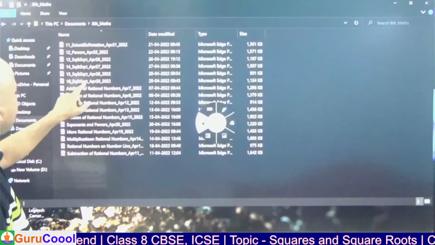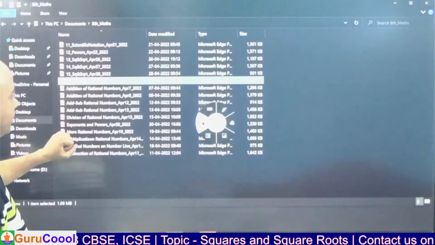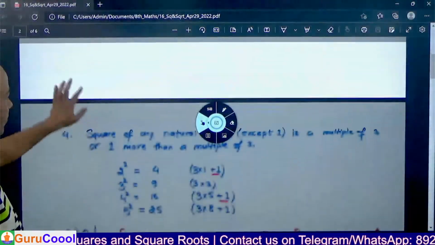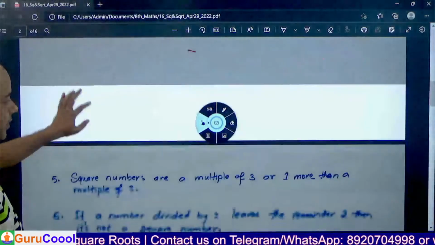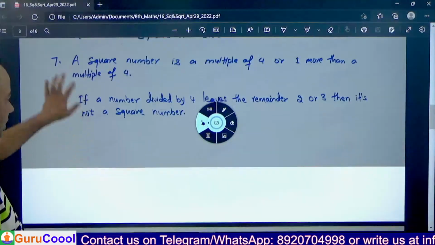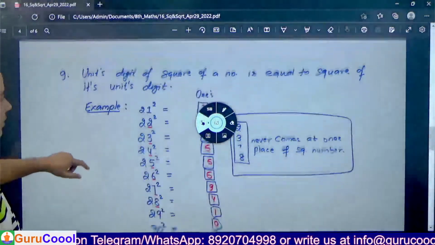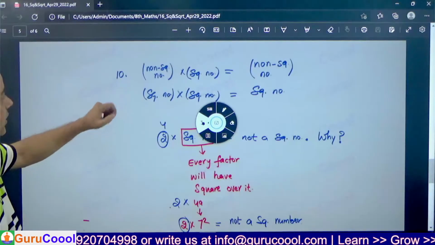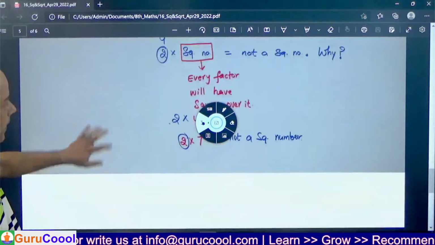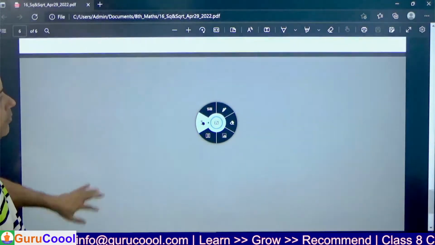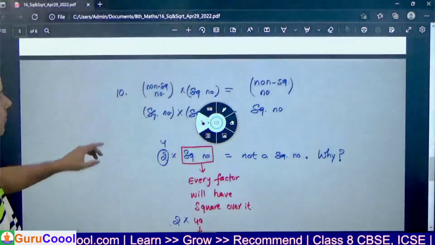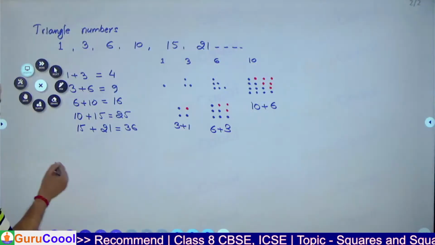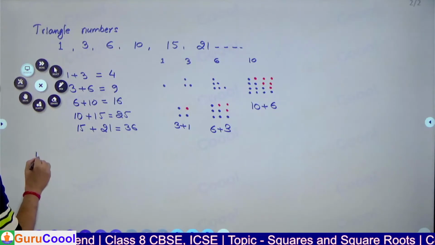This is class notes of the previous class. 7, 8, 9. Yes, this was 9th, last one. No, another one is here. 10th. Total 10 properties we discussed in the last class. So this is now number 11. Property number 11.